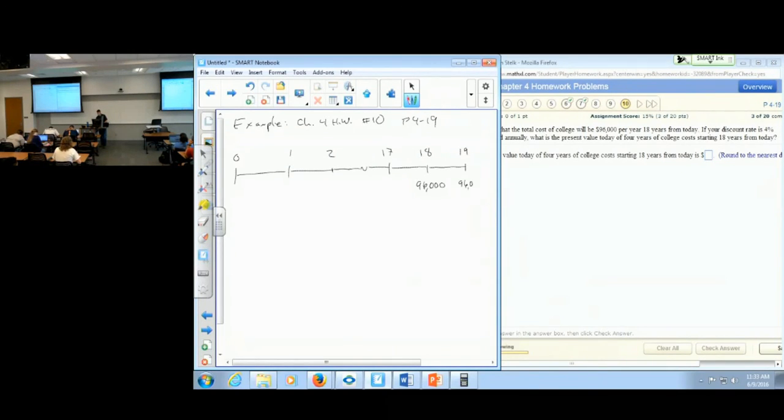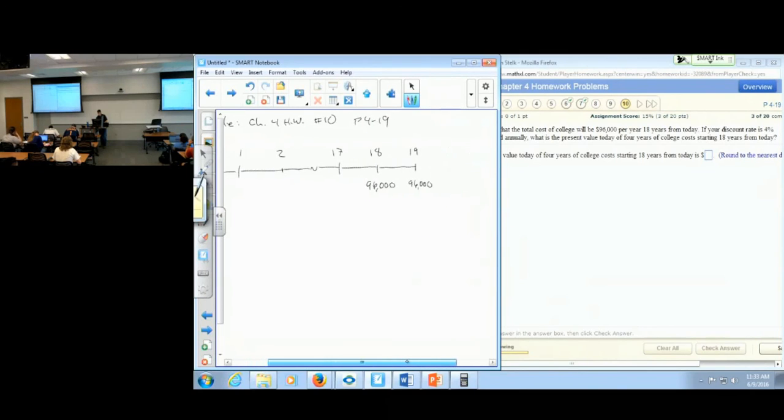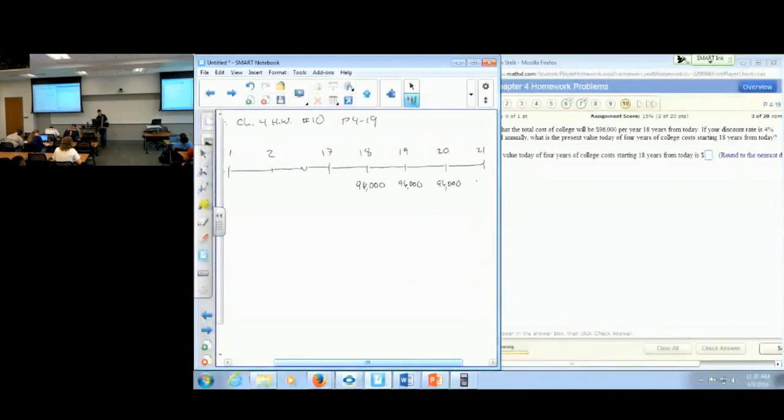As you all know well, that's increasingly less common. I'm a 4.5-year graduate myself. All right, we're going to encounter those costs for 4 years. Then they're going to stop. Notice the interest rate is 4%.